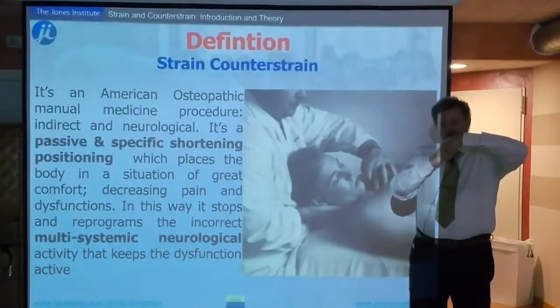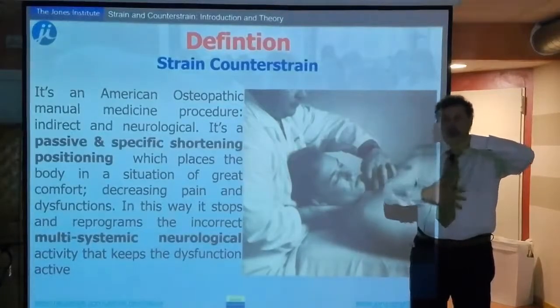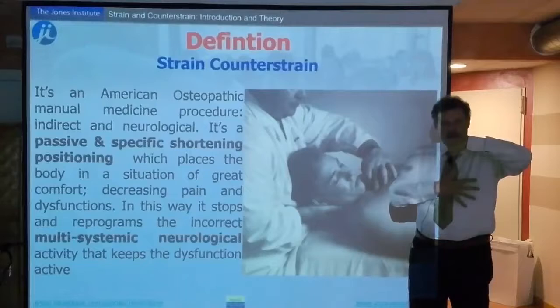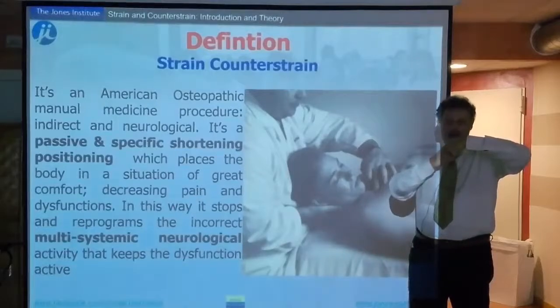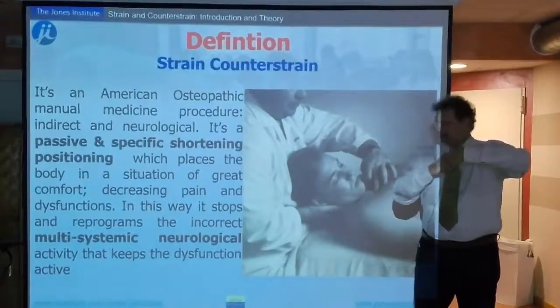So we will take it more into dysfunction, more out of place. When this reflex, this situation of abnormality, is resolved, the joint will go back to its original position.